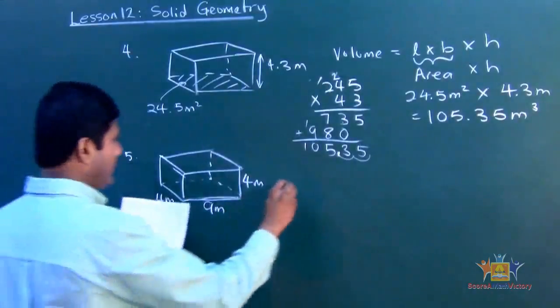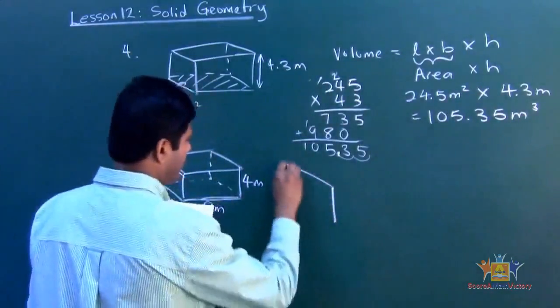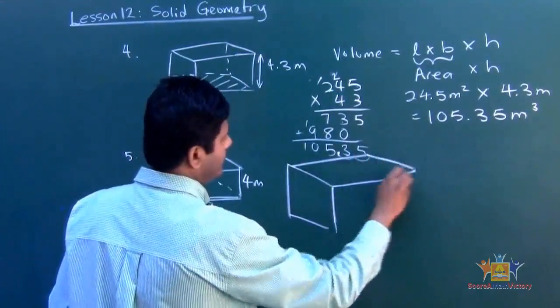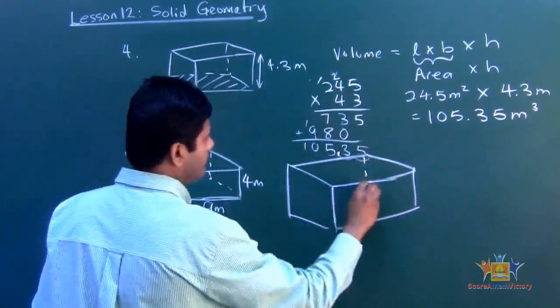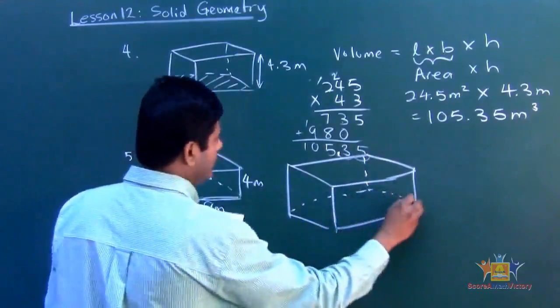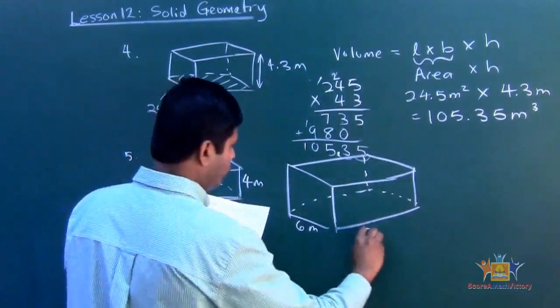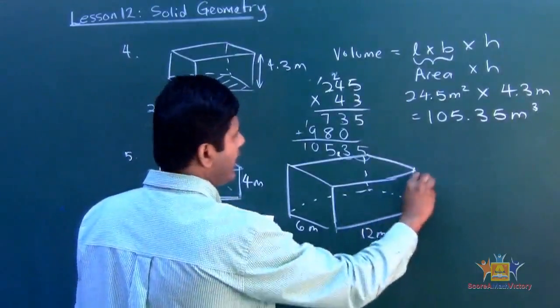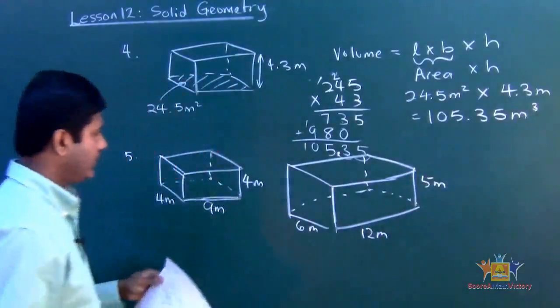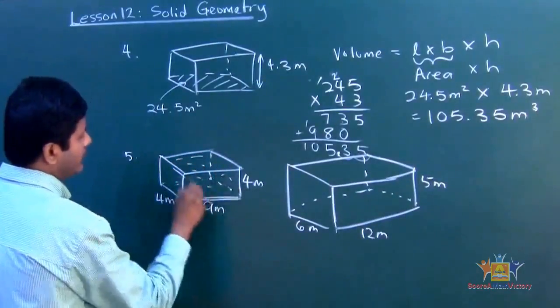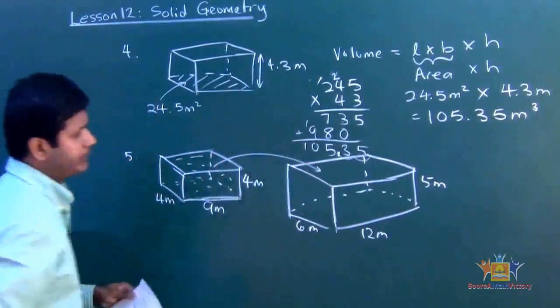Then you're given container B, which is the bigger container, with 6 meters breadth, 12 meters long, and 5 meters height. We're going to fill up the water inside the smaller container into the bigger one.